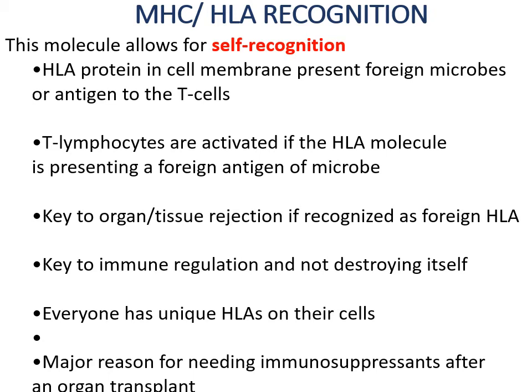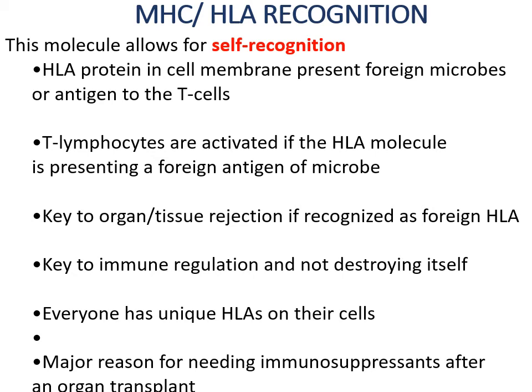Okay, so let's just look at this protein a bit more, this HLA protein that's allowing the immune system to recognize itself and not attack it. So the HLA protein is on cell membranes throughout your body, and when it's on certain white blood cells, such as macrophages, they can present the foreign microbes or the antigens to the T cells. The T lymphocytes are then activated if the HLA molecule is presenting a foreign antigen or a microbe with it.